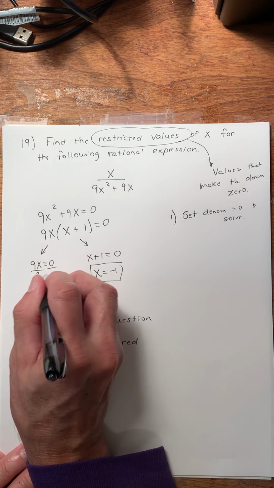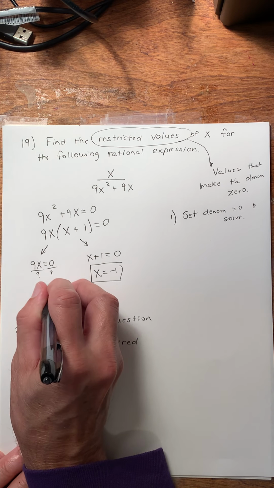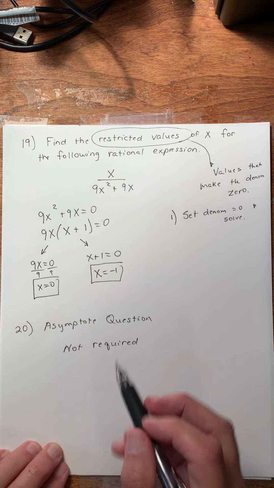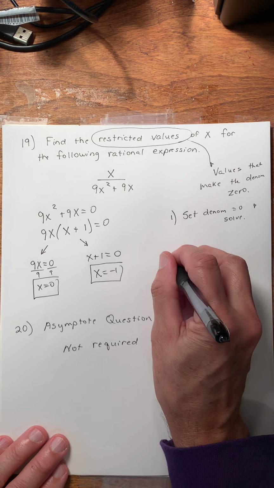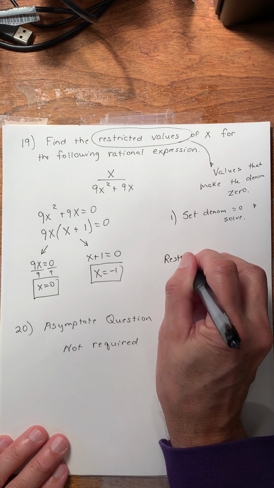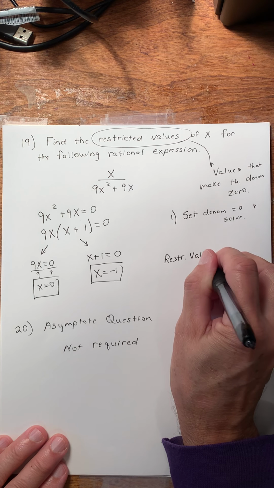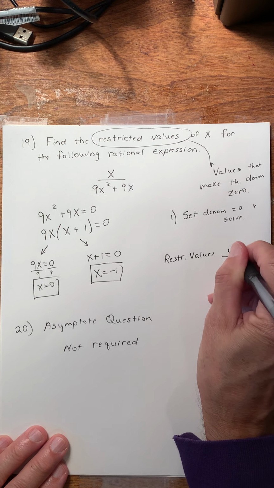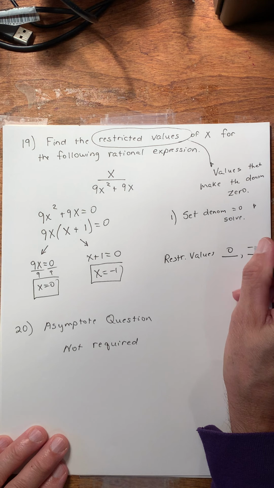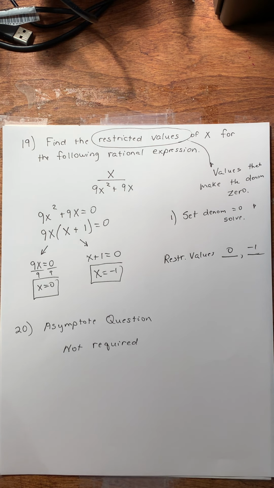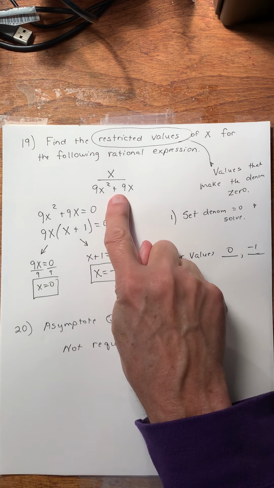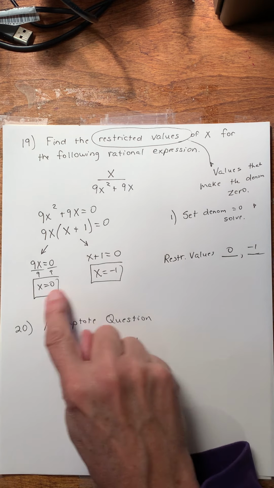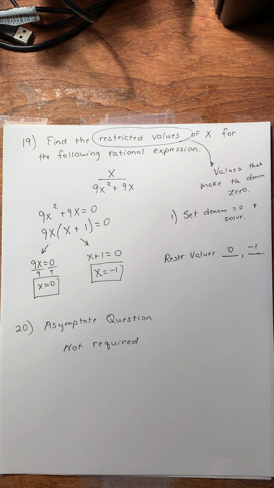Divide by 9 on both sides, x is 0. So find the restricted values. Restricted values are 0 and -1. That's it. That's all you've got to do. Set the denominator equal to 0 and solve. Those are your restricted values.